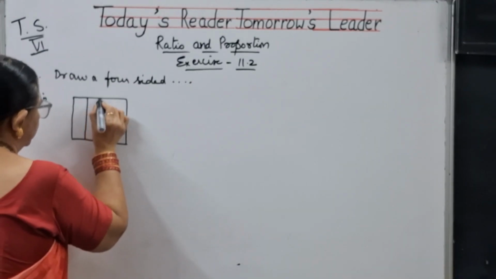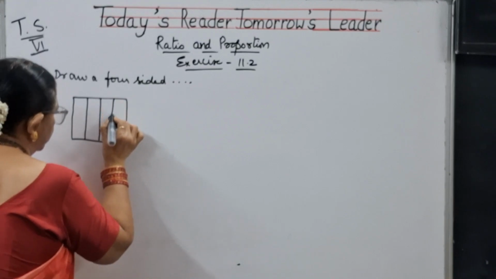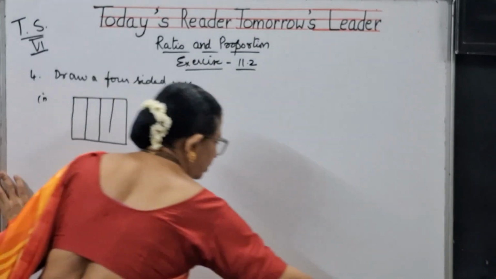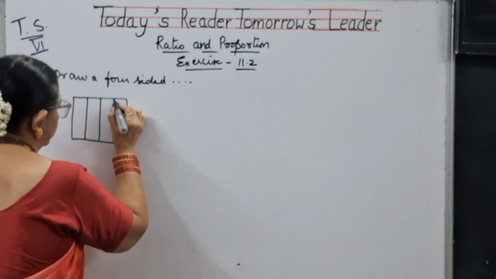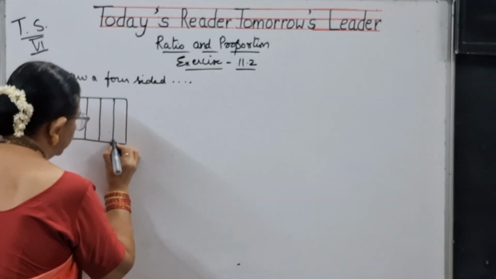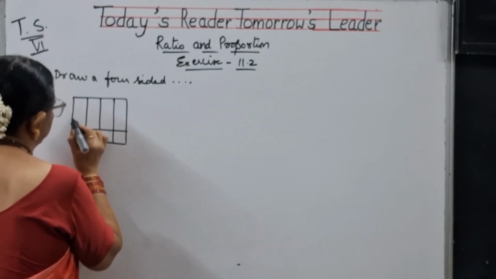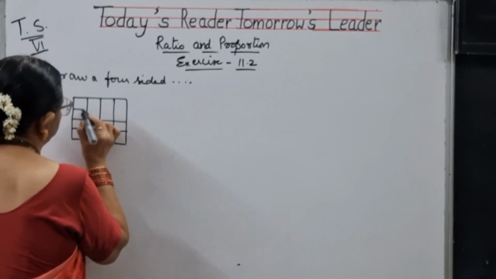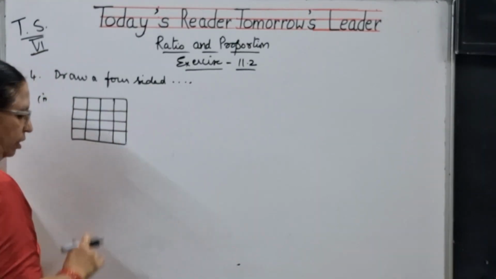So 1, 2, 3, this is third part. So 1, 2, 3, 4. So again 1, 2, 3, 4 parts. So I have taken 4 and 4.